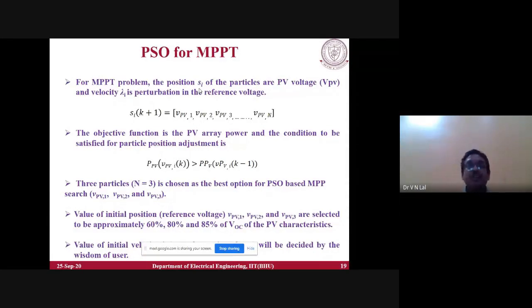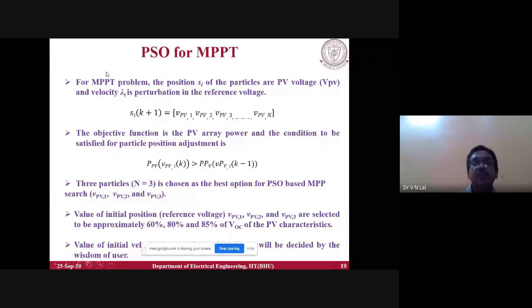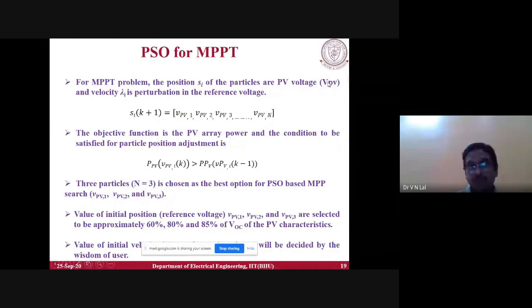So here the position of the particle is Si, Si is equal to VPV. So the PSO particle position Si in the MPPT case is the PV array voltage.